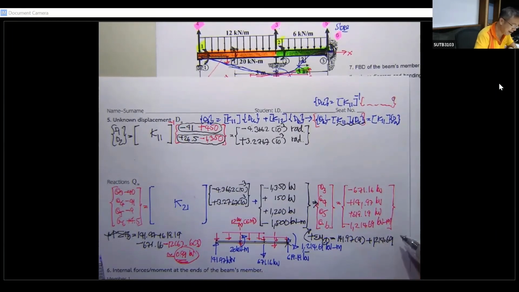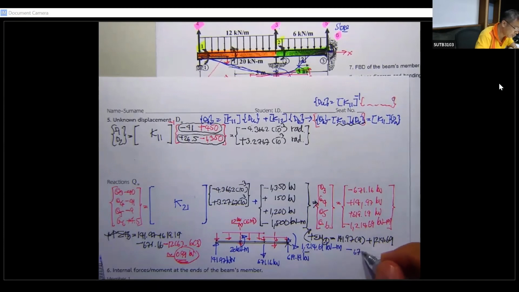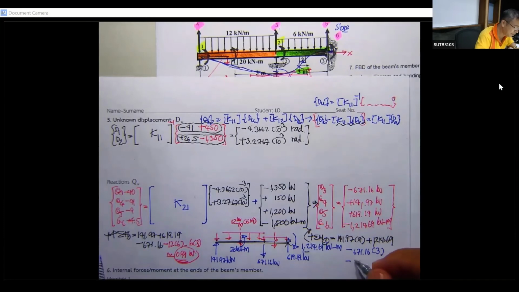And then you may minus this one, 671.16 times over here is 3, and then you also have this one minus 12 times 6 and 3 plus 3 times 6, and then minus this one 6 times 3 times 1.5.